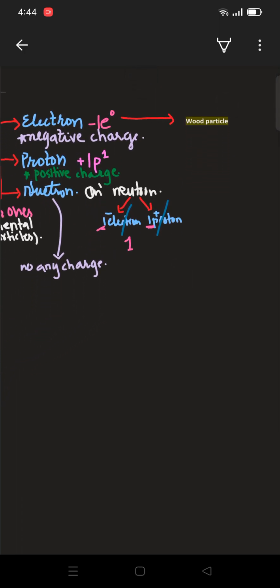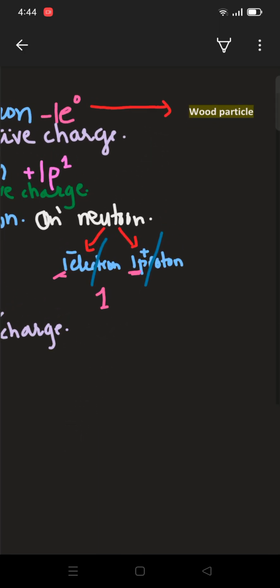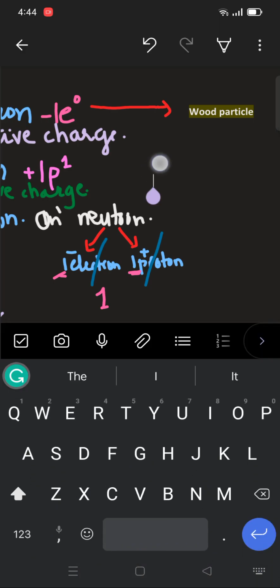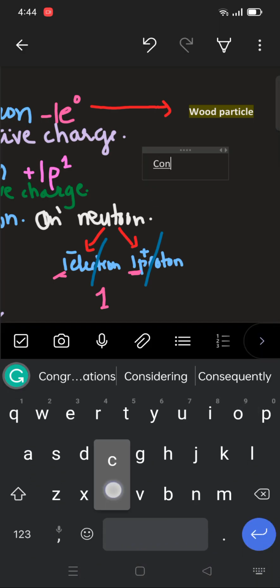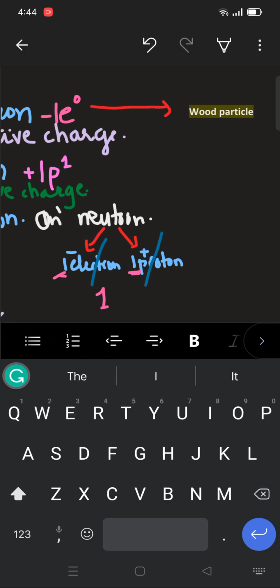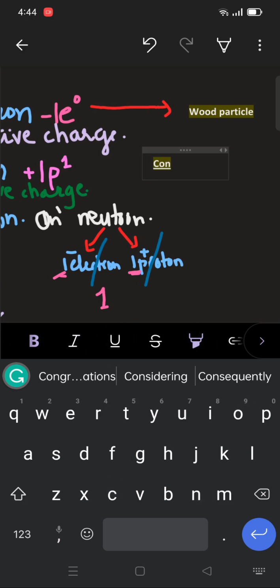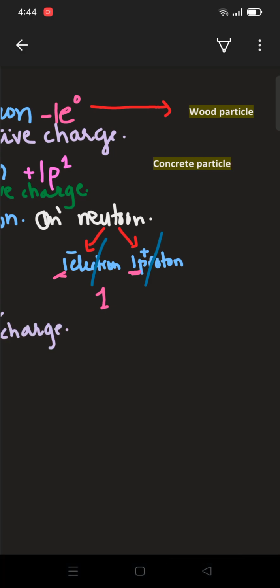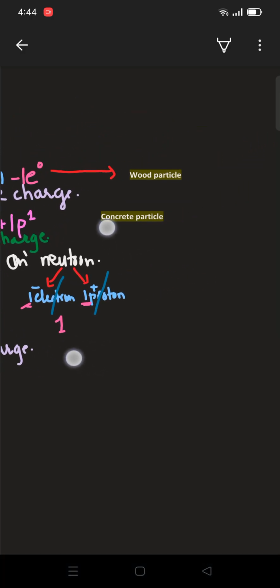However, proton is a little bit more than electron's weight, so that's why it is known as concrete particle. Because we know that concrete has a weight a little bit higher than wood. Last but not the least, neutron.